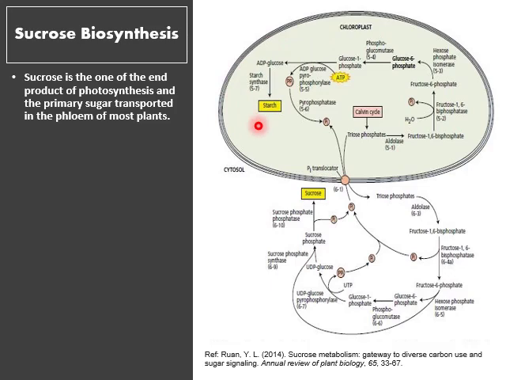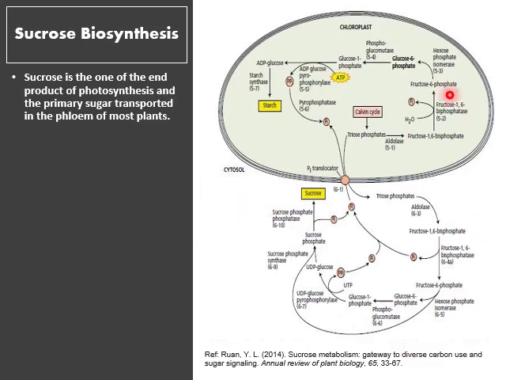This is important from the point of view of studying sucrose biosynthesis, because you should know the site where sucrose biosynthesis happens.